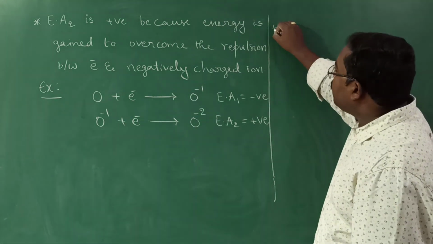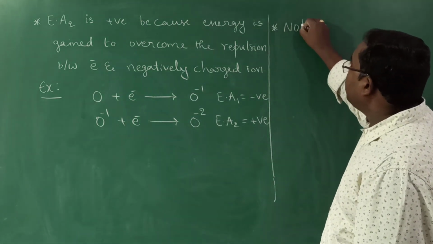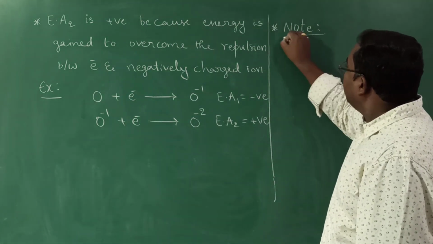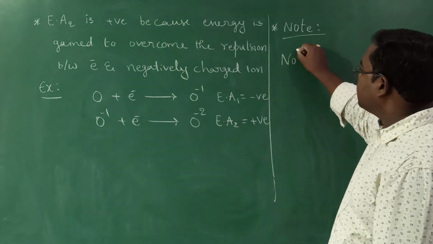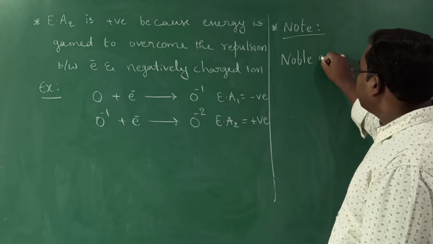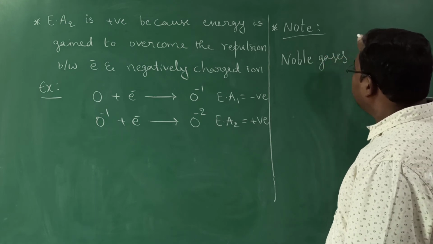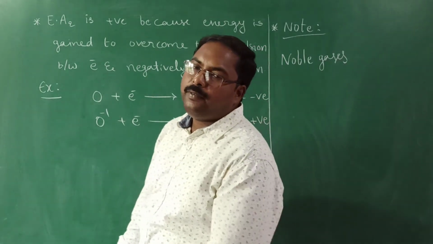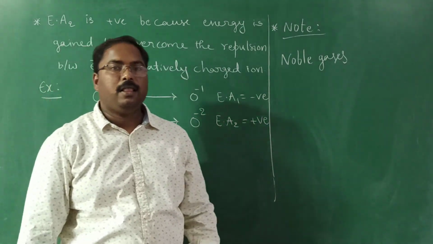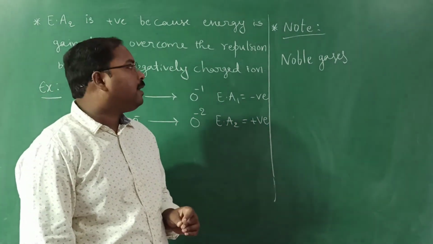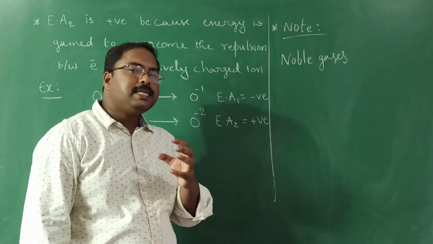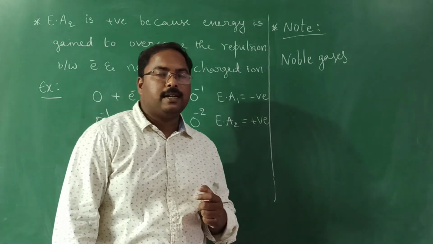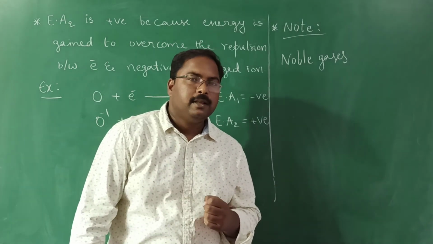But regarding this, you remember one point in the case of noble gases. What about the first electron affinity value of noble gases? For all the elements, we can add the electron. But what about noble gases? Noble gases have the stable octet configuration, right? We all know about that.